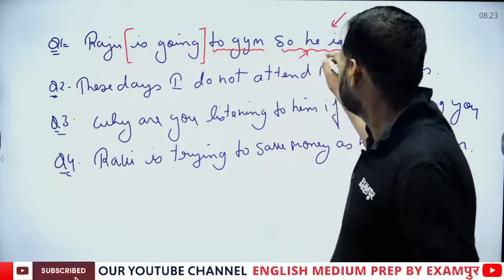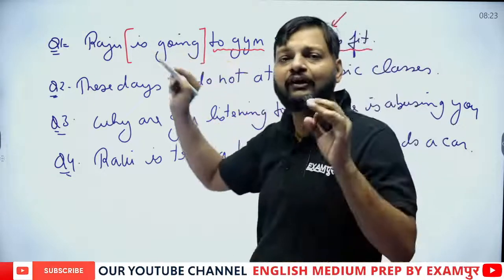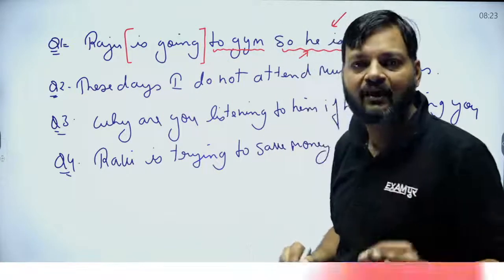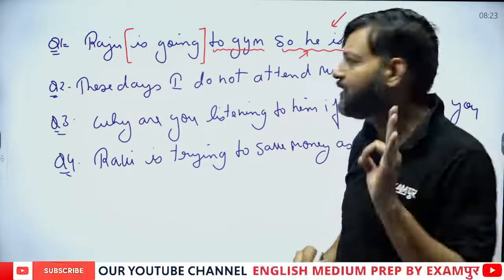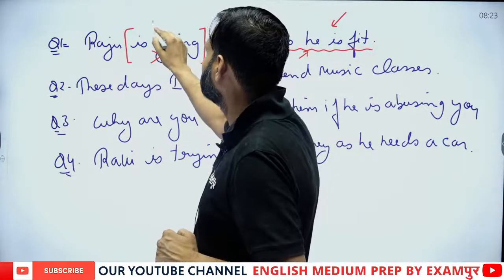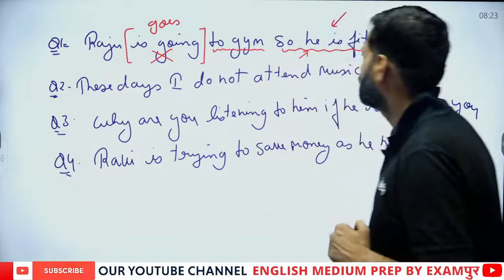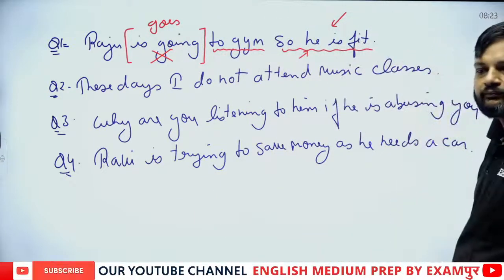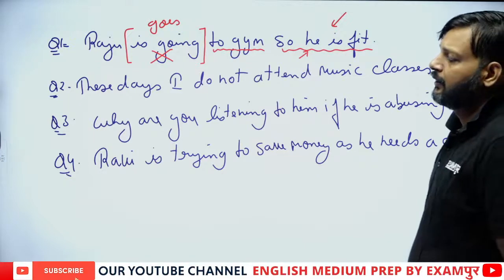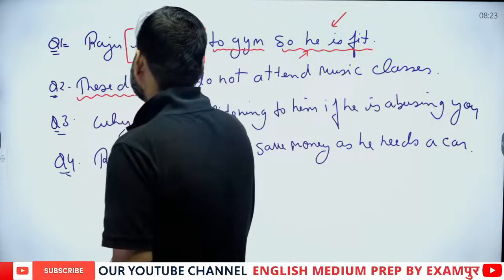So this clause suggests that the first clause cannot be in present continuous tense. It should be in present indefinite tense. So here in place of is going, we should write goes. Raju goes to gym, so he is fit.